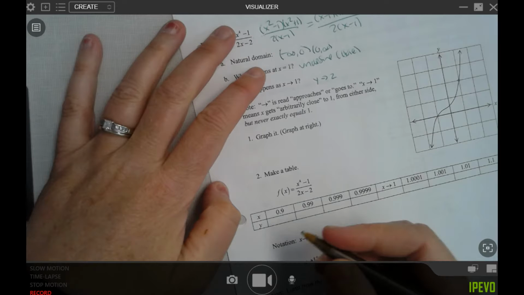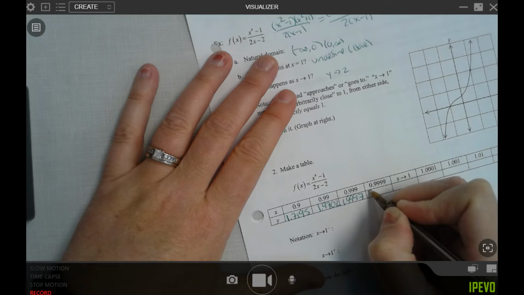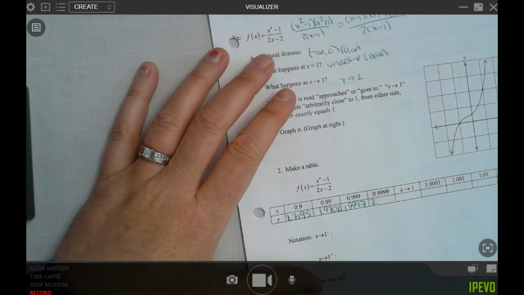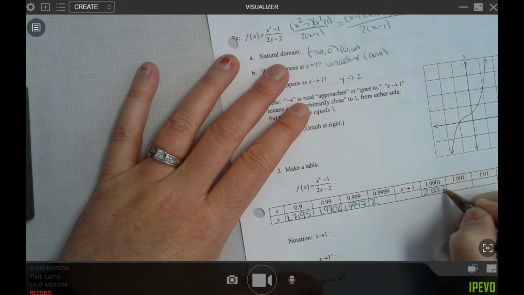So when I plugged in 0.9, I got 1.7195. Oh, I messed up somewhere. This one's supposed to be 2.0003.